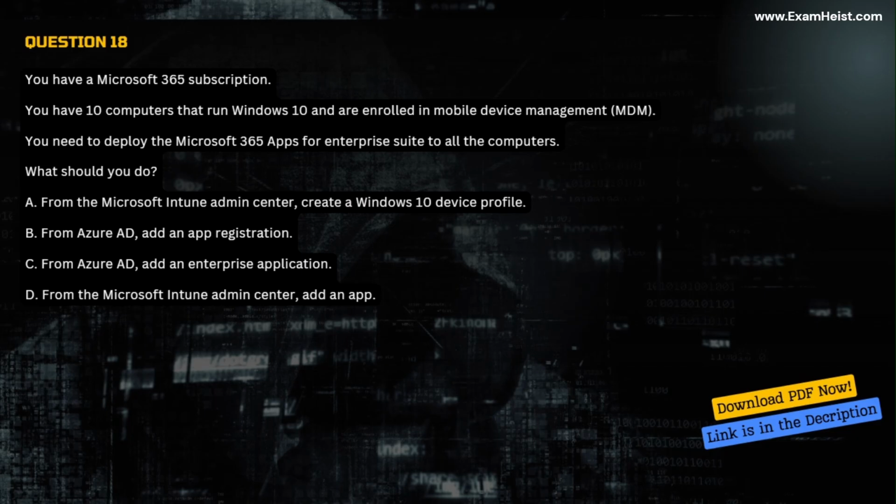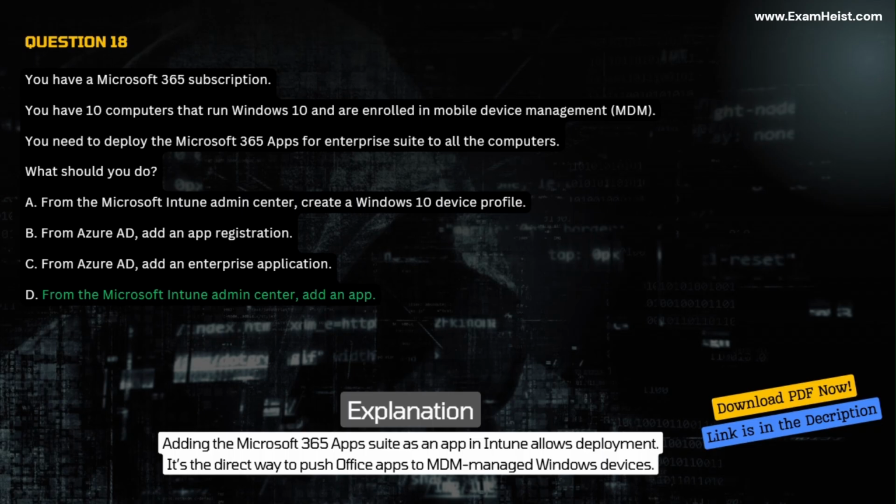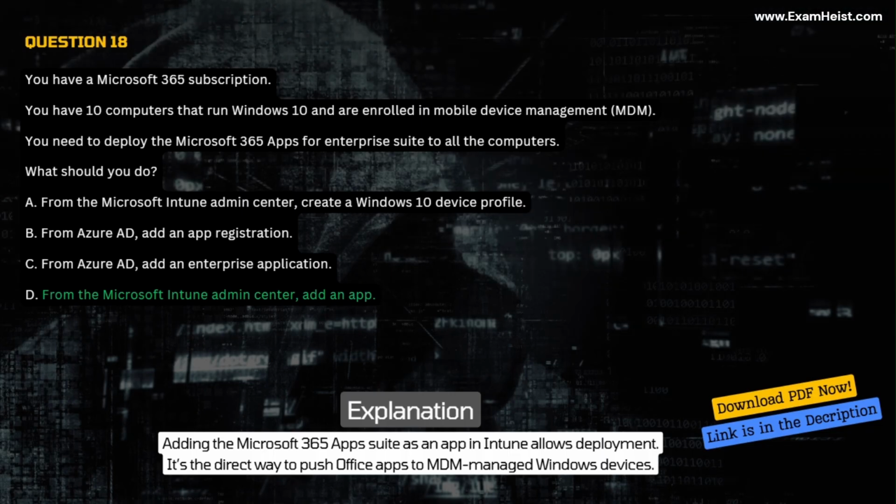C. From Azure AD, add an enterprise application. D. From the Microsoft Intune admin center, add an app. Correct answer: D. Explanation: Adding the Microsoft 365 Apps suite as an app in Intune allows deployment. It's the direct way to push Office apps to MDM-managed Windows devices.